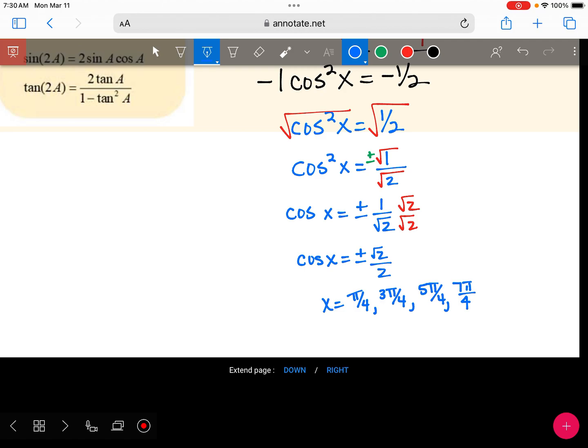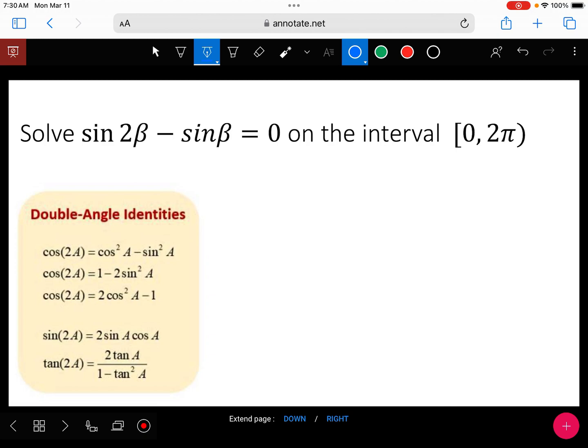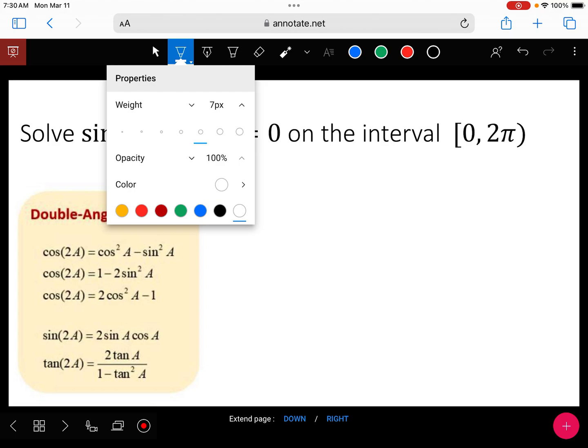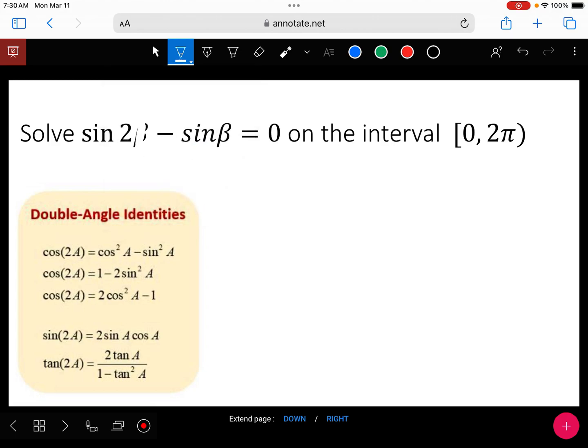Okay, our last equation, and then we'll get into our half angles. Go ahead and copy that down. And this is a beta, which you can always change to x, which I think I will, because I don't know if I feel like making a fancy b right now. So we're going to just make that a good old x and keep it simple.